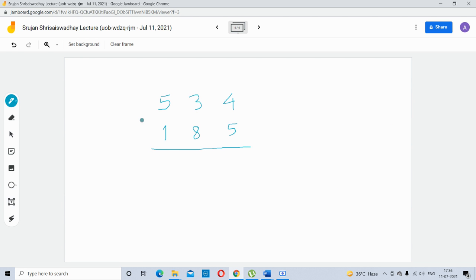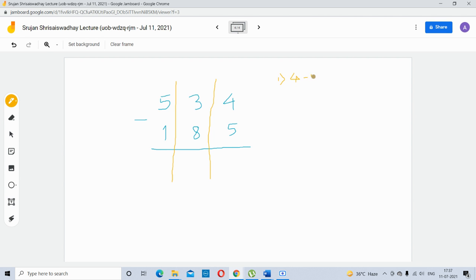So this is how I'm going to do it. Now I'm going to put bars, differences over here. So I'm going to separate the digits. Now, first step is what? First step is 4 minus 5.